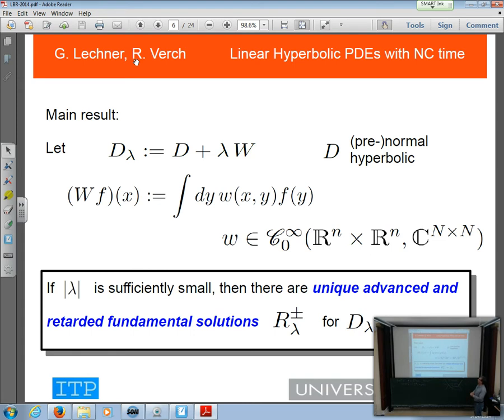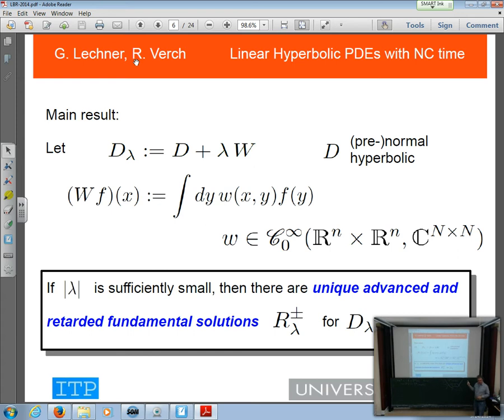So let D lambda be the hyperbolic operator plus lambda times a C0 infinity integral kernel operator, as you see there. And assume that D is pre-normal hyperbolic.